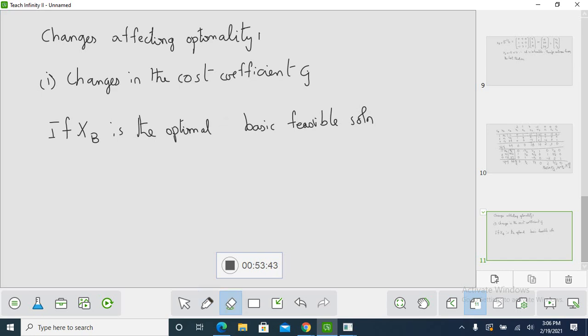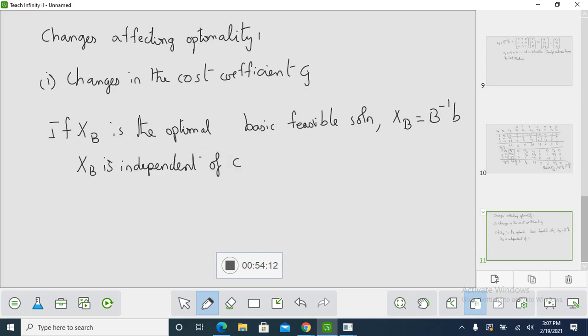If it is the optimal basic feasible solution, then what can you say? Then I can clearly write my XB is nothing but what we used for the previous case, B inverse b. Here XB does not contain C. So XB is independent of C.